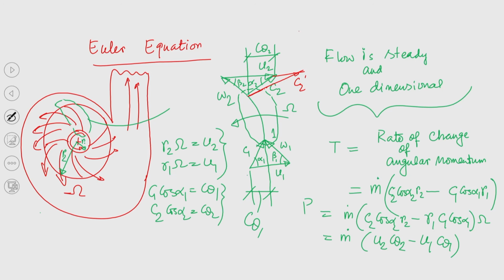So, in that case it will be C theta 2 dash. So, that means if we try to increase C theta 2, the absolute velocity leaving the pump will increase, and again there is a restriction that we cannot allow the absolute velocity of the water leaving the pump impeller to be high.